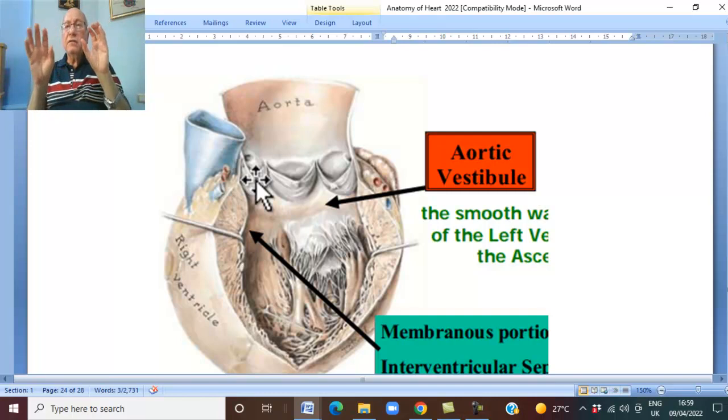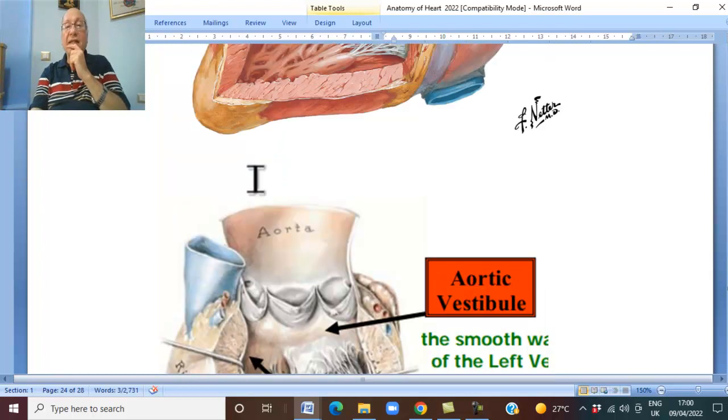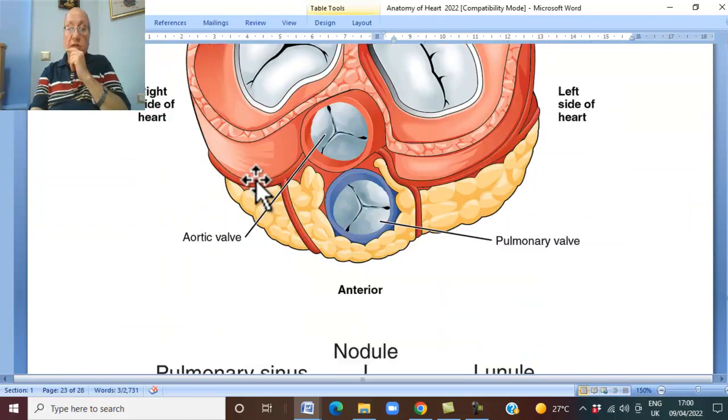Aortic valve and pulmonary valve have 3 semilunar cusps, but the difference is that in the pulmonary valve there are 2 anterior and 1 posterior, but in the aortic valve there are 2 posterior and 1 anterior.